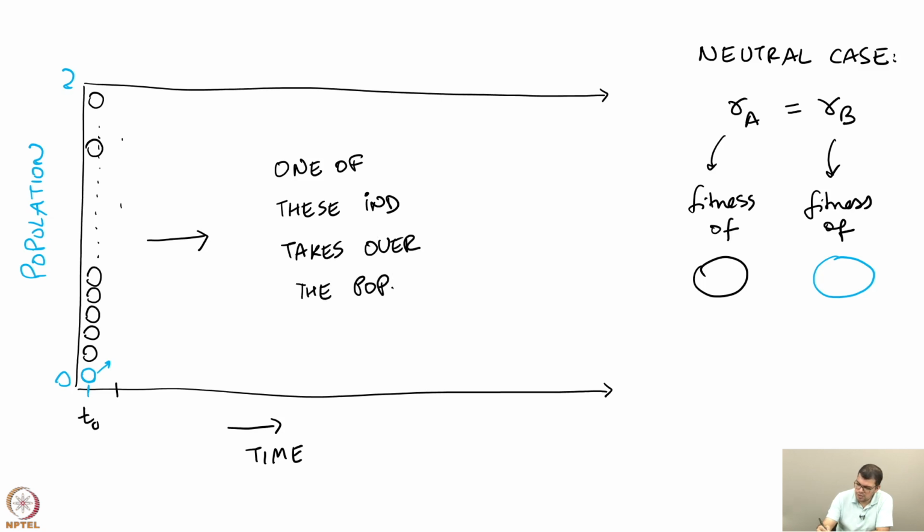And because the fitnesses of the two genotypes are identical, that individual could be any one of these, and so let that chance be equal to alpha.